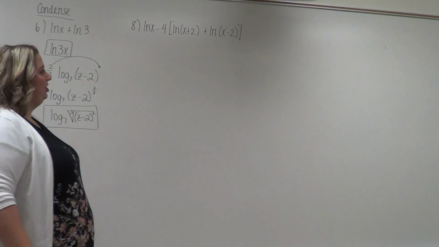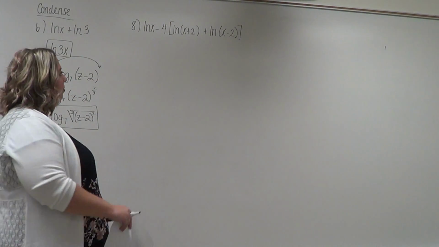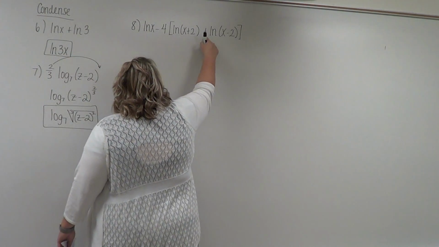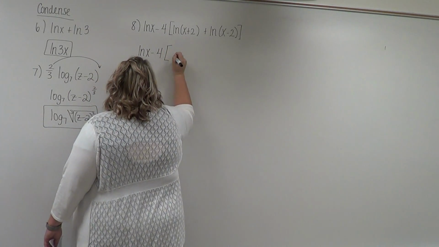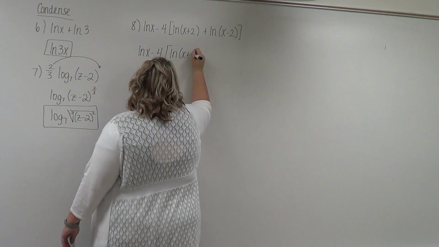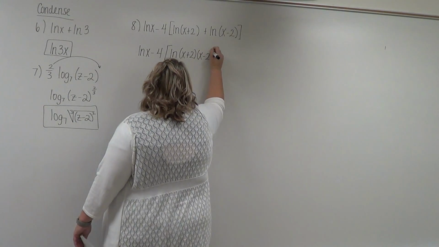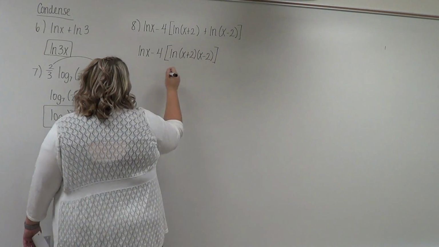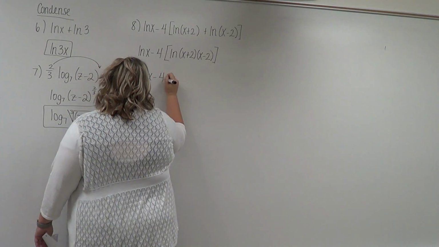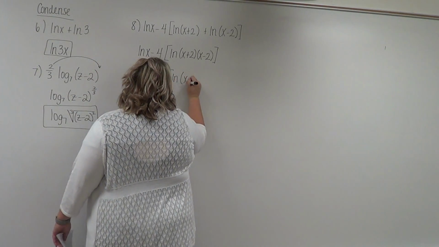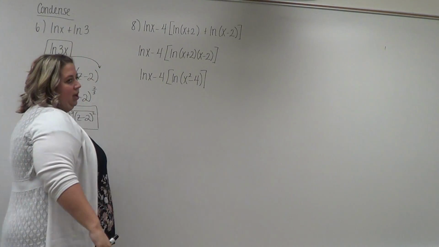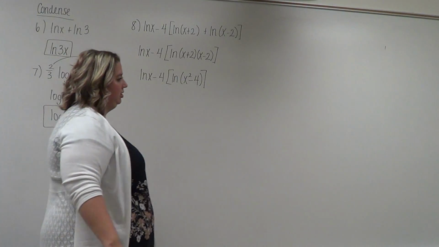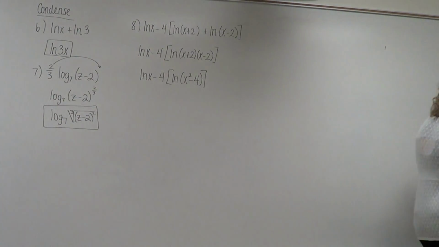Okay, when I want to combine this, parentheses. How do you combine the parentheses part? We're adding, so what would you do? Multiply. Okay, now if this will simplify a little bit, then you can simplify. That does go into the x squared minus 4, which is easier to look at than that. So if you have something where one's a plus and one's a minus, simplify it. Okay, what do I do with the number in front?